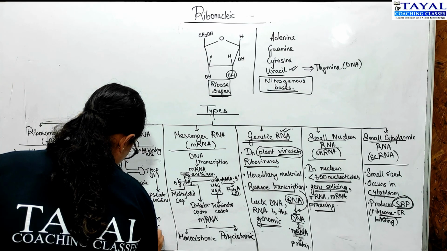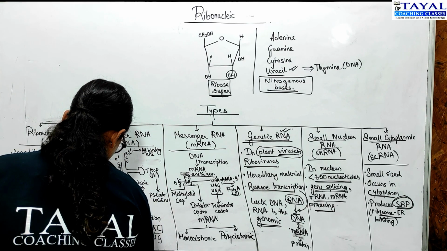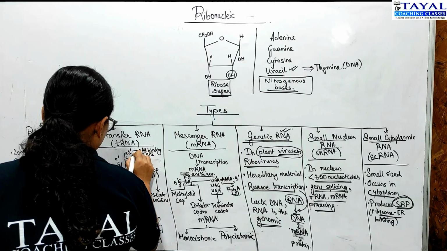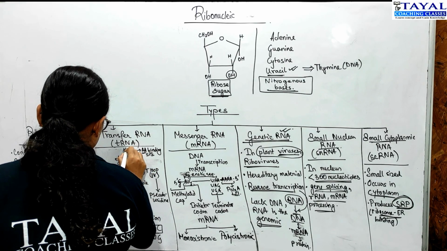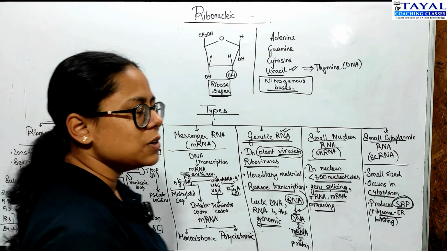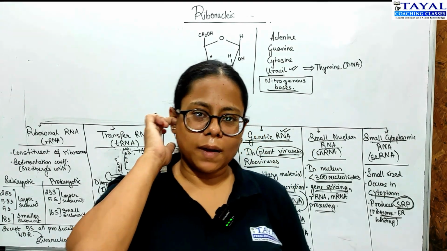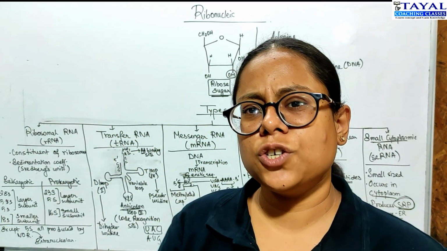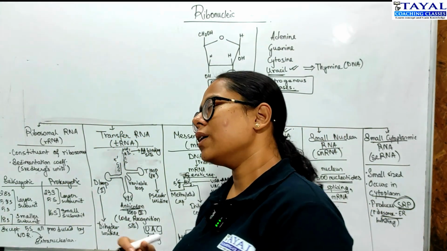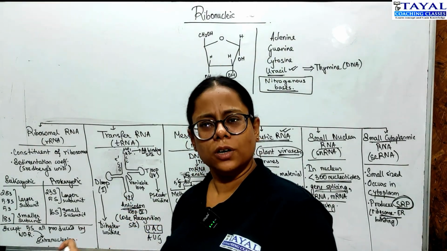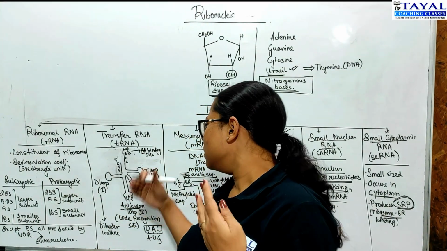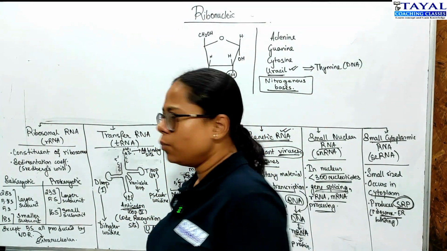This is the anticodon. If it has UAC here, then methionine is going to bind to this end, right? So if it is UGU, valine will bind to it, okay? If it is GUG, cysteine will bind to it. So depending on the anticodon, the amino acid is going to bind.